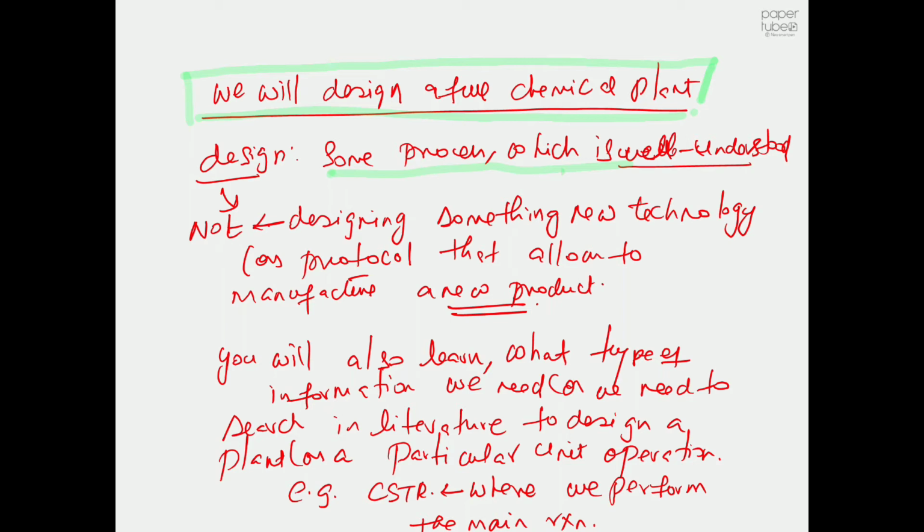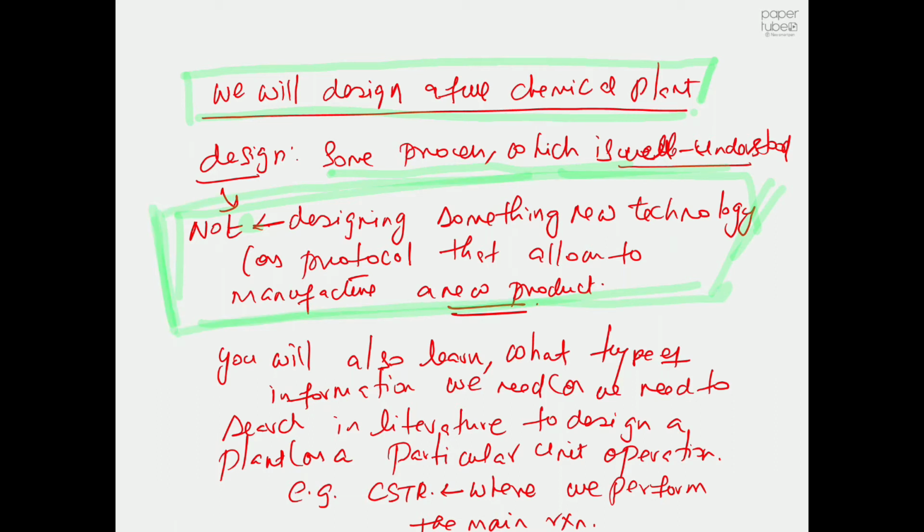As I said, we will select one process which is well understood, and this is something I want you to keep in mind. Designing a new technology or protocol that allows you to manufacture a new product, we are not going to do that, and we shouldn't do that using Aspen HYSYS.